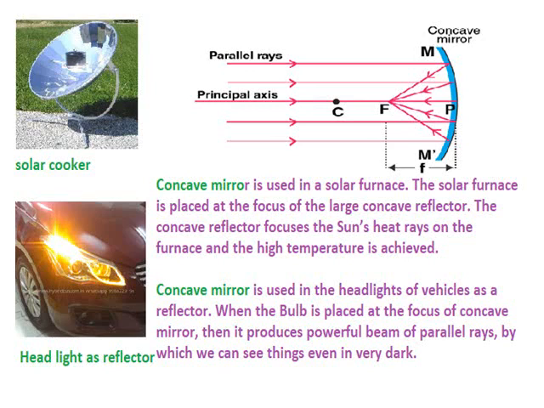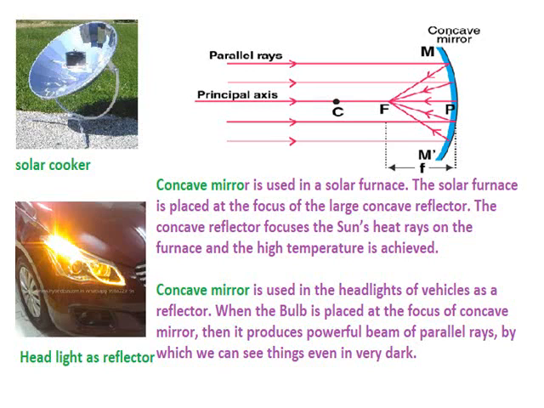Concave mirror is used in a solar furnace or solar cooker, whatever it is. The solar furnace is kept at the focus of the large concave reflectors. The concave reflector focuses the sunlight heat on the furnace and the high temperature is achieved at F. Then concave mirror is used in the headlight of vehicles as reflectors.